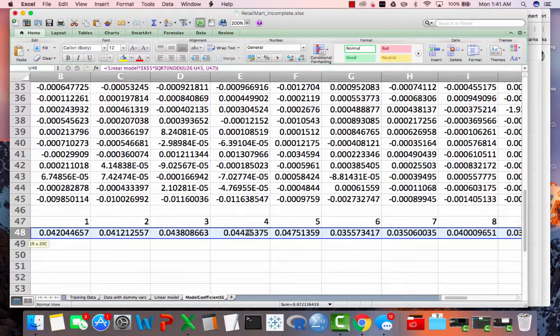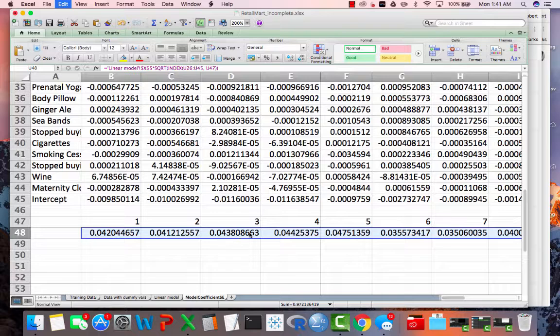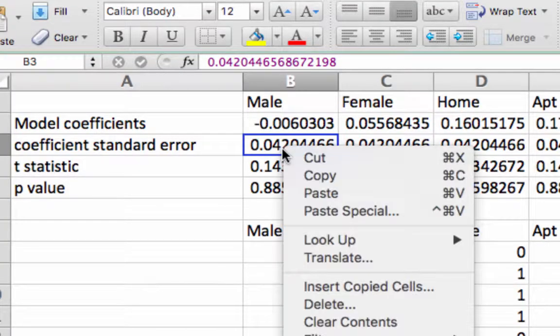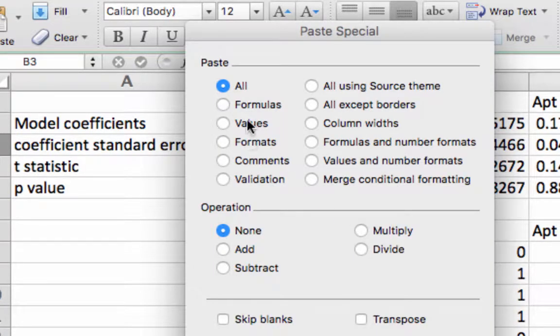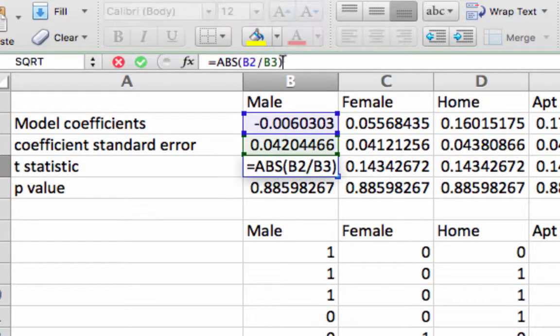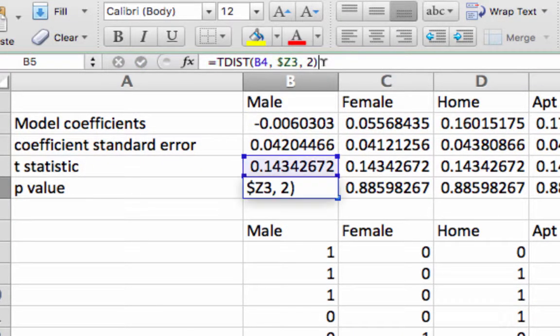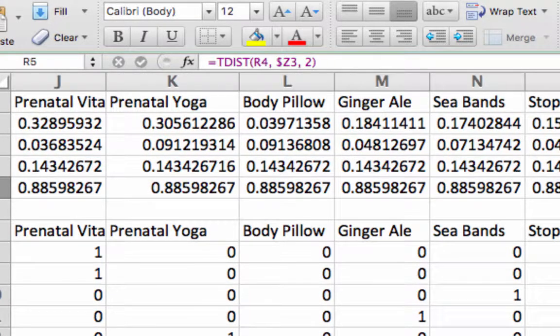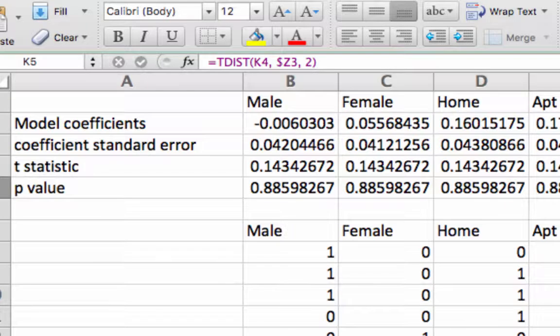Okay, now that I've clicked enter on each one of those, I can now copy, and I'm going to repaste this over here into row 3, paste special, and just the values. And now I should have, so if I take the absolute value of that, and I look that up in the t-distribution, and I drag these across the rows, I should be able to see different values across the bottom here. I think this is just a matter of my computer not wanting to cooperate with me.